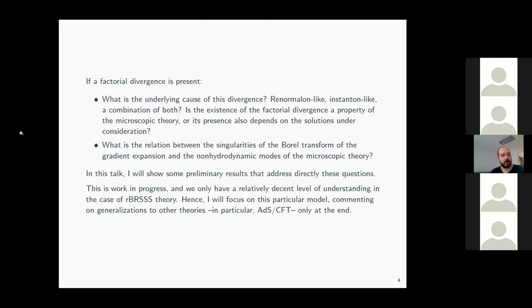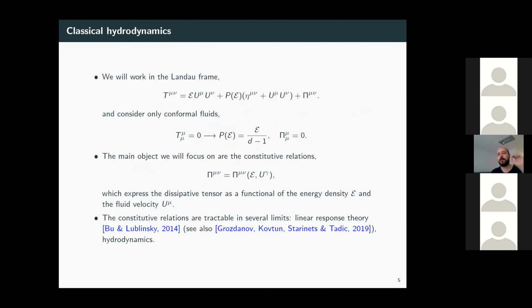Okay, so I would continue, and just to be sure that everybody is on the same page, I'm going to define now what I mean by the hydrodynamic gradient expansion in this talk.